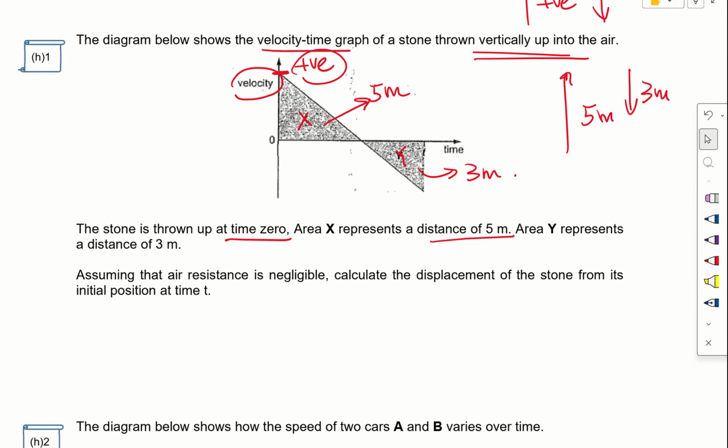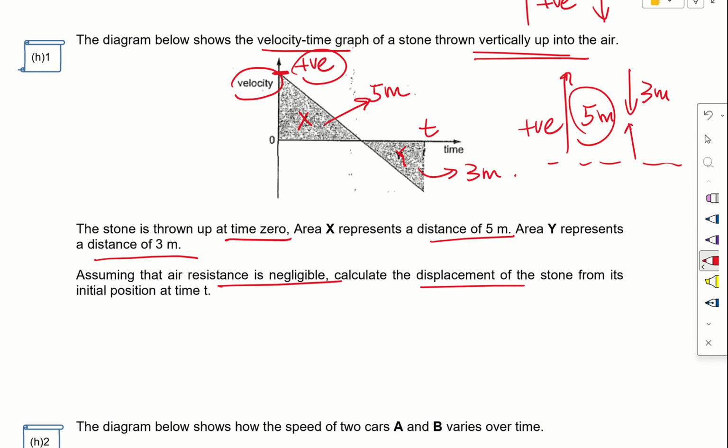Assuming that air resistance is negligible, calculate the displacement of the stone from its initial position at time t. This is the starting point. It was thrown up 5 meters positive, then it came down 3 meters. So what's the displacement? It's actually 2 meters away.